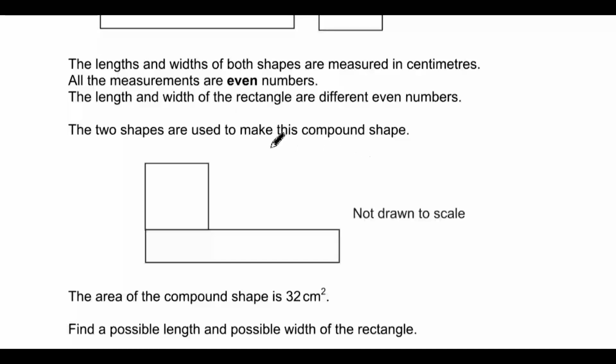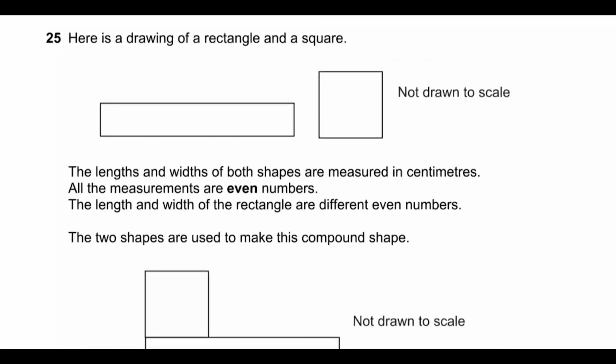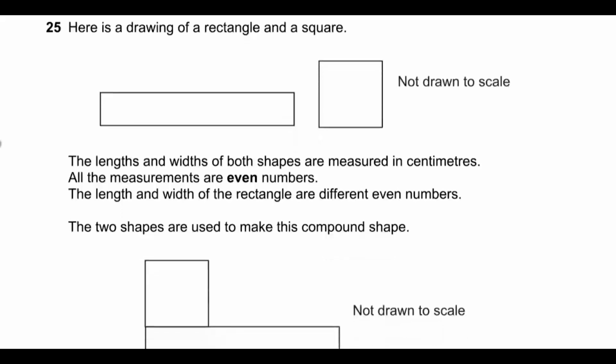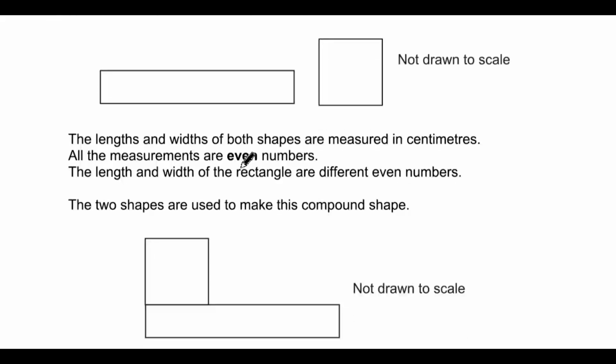To approach this question, you have to take note of the given conditions. The first one is that they are even numbers. That means the numbers that could be here, here, and here should be even numbers. The second condition is that the length and width of the rectangle are different even numbers. Look at it, the length and the width are different numbers.